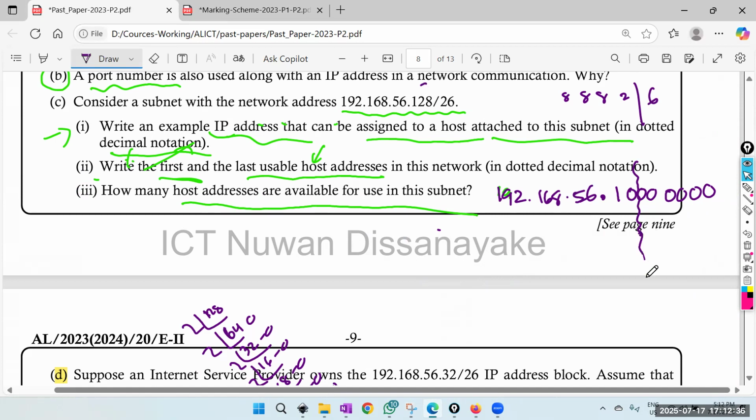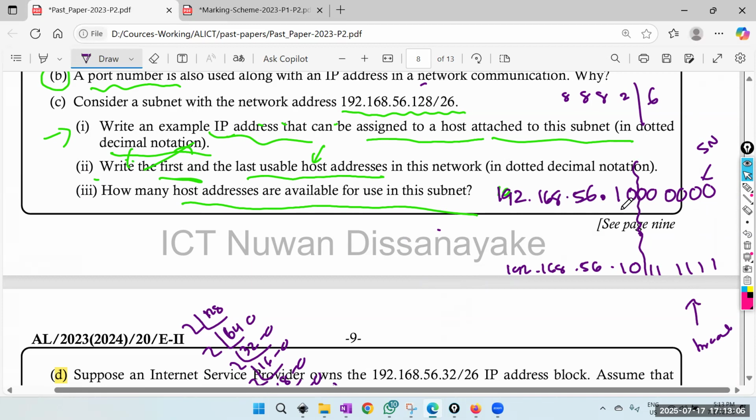What is the last address? 192.168.56 with all host bits one. But remember, this is the network ID and this is the broadcast ID, so these are not usable. So the question is first and last usable host address.